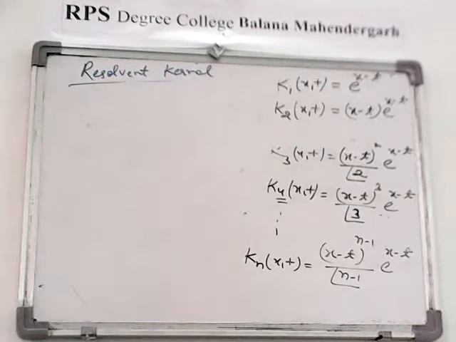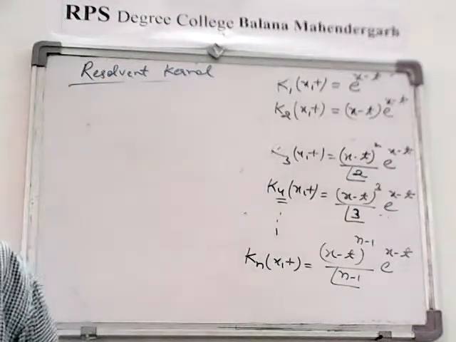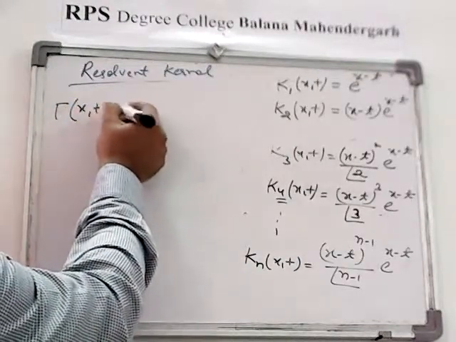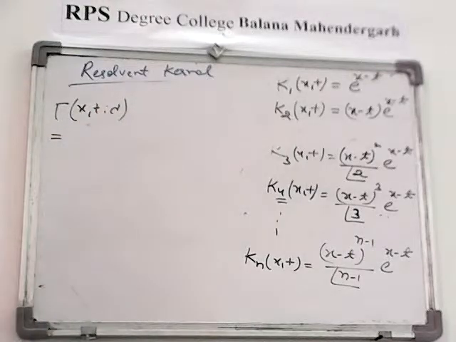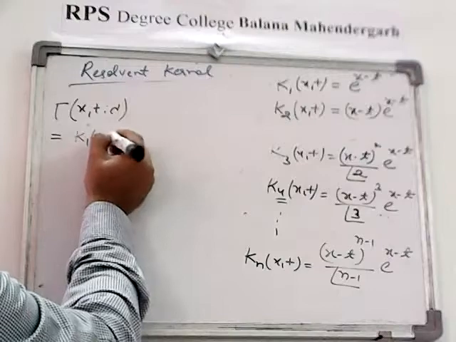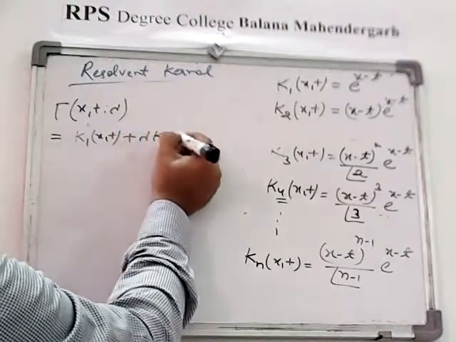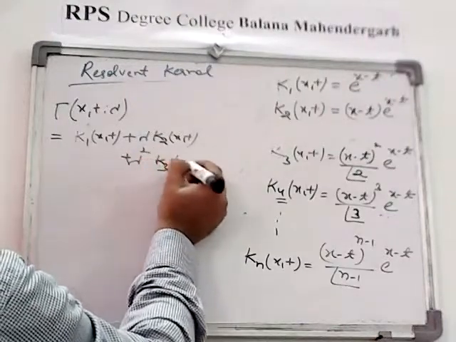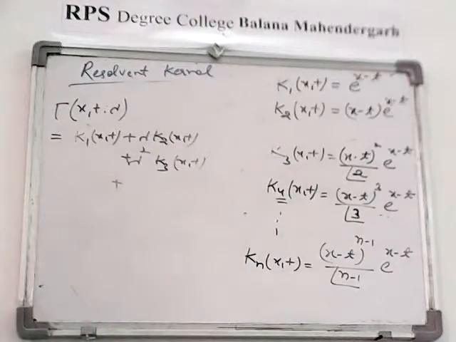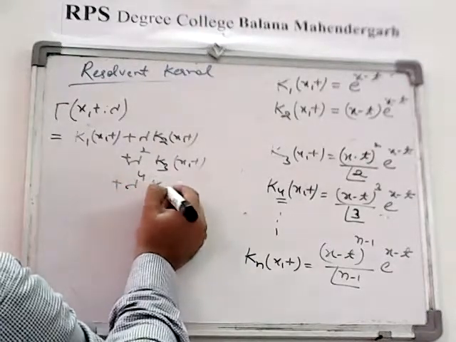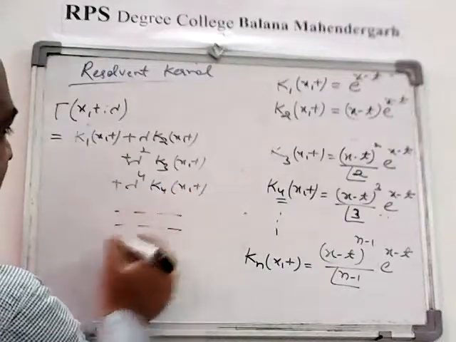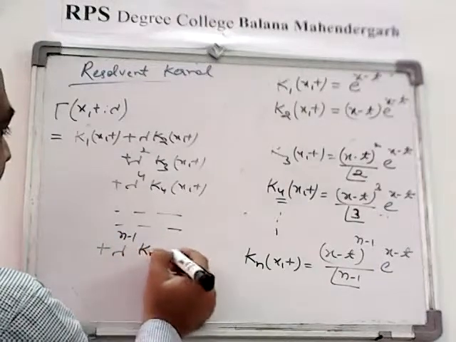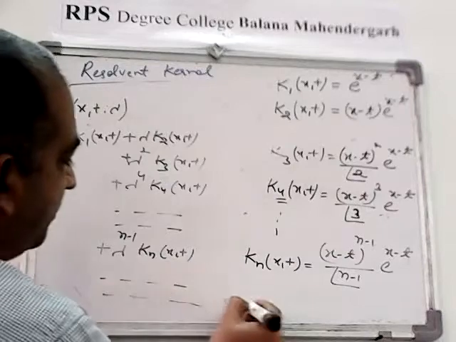Now in this question, we have to find out the resolvent kernel, and the value of the resolvent kernel gamma(x, t; lambda) was equal to k1(x, t) plus lambda k2(x, t) plus lambda square k3(x, t) plus lambda cube k4(x, t), so on up to lambda raised to power n minus 1 kn(x, t), and so on up to infinity.